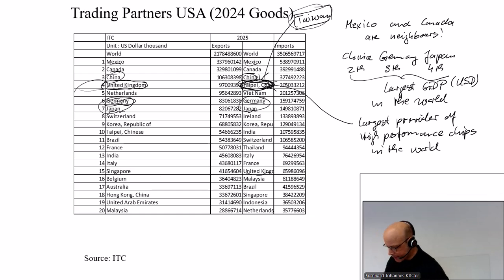Tariffs. This could be the case, but I already said it: UK and Germany or the EU have similar problems with the United States, so the tariffs are quite similar.